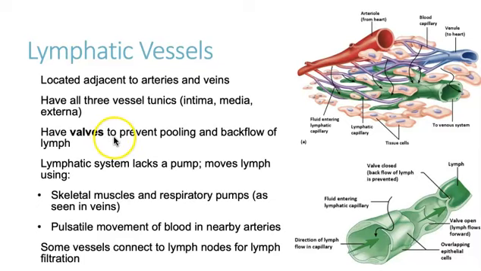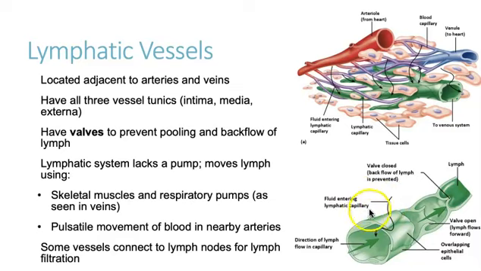So our lymphatic system is going to lack a pump, though, to move the lymph. So we use similar structures as our veins, like the skeletal muscles that surround the vessel and our respiratory pump, so that it can push on this vessel, forcing the fluid to move in that one direction. We can also use the arteries that are located close by our lymphatic vessel in its pulsatile movement of that blood.